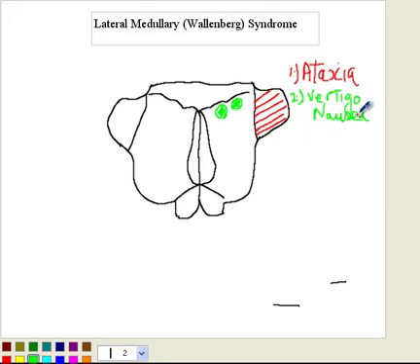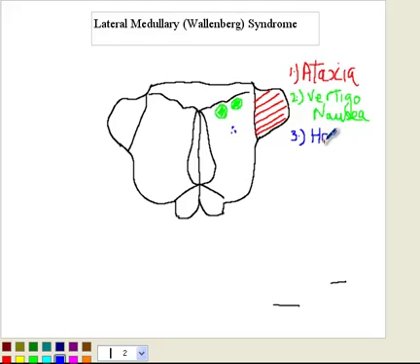So as you've seen here, there was involvement of the inferior cerebellar peduncle, which gives you ipsilateral ataxia. There is involvement of the vestibular nuclei, which can give you vertigo and nausea. Then there is involvement of the descending sympathetic fibers. So you have the descending sympathetic fibers here, and this leads to Horner syndrome.